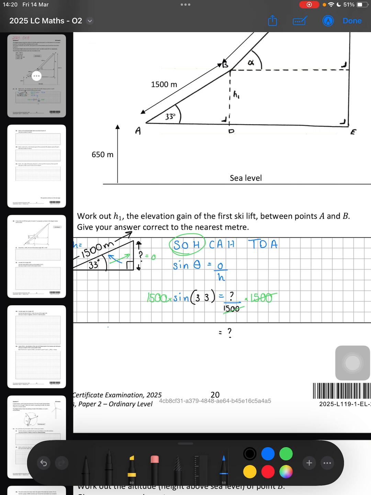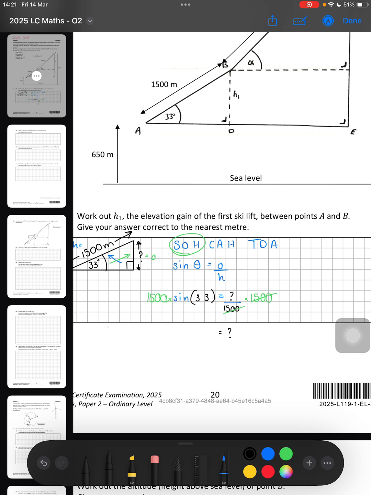And then what is 1,500 by sine 33? I'll type it into my calculator. If you found what sine 33 was first in this step, if you typed sine 33 into your calculator and saw it was 0.544639, that's fine, but you cannot round it.